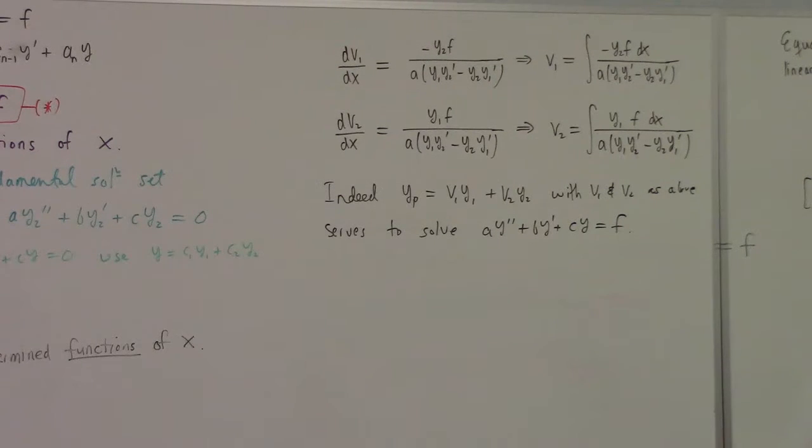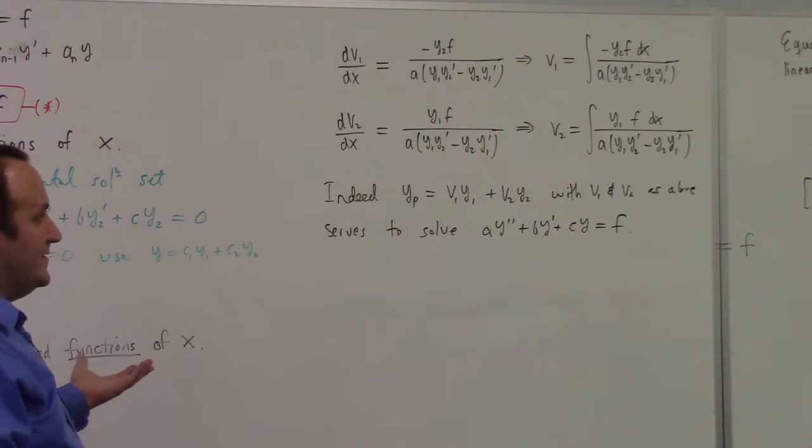We should pause to appreciate something. A does not have to be a constant. B does not have to be a constant. C does not have to be a constant. We nowhere used that A, B, and C were constants in this. The only thing I needed was that A was identically non-zero, because I divided by A, right?